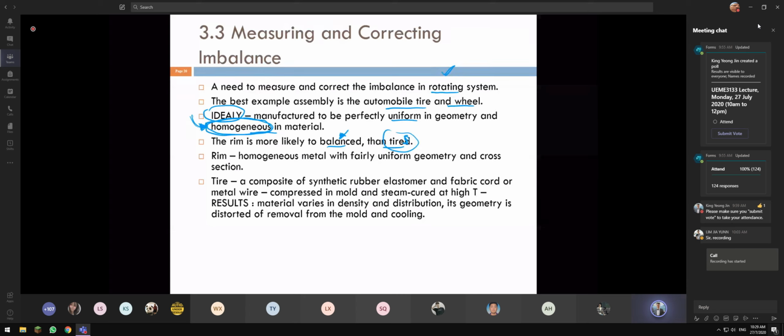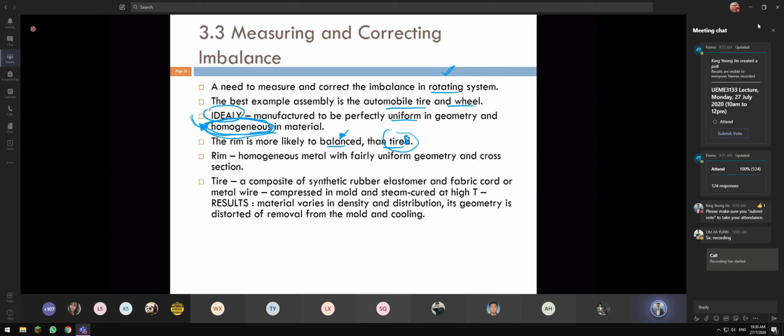If you have some old tires, you can try to cut one open. A bicycle tire is normally only rubber and fabric threads built into a net, because the pressure and force required for a bicycle tire is smaller compared to cars. In cars, you will have steel wires and so on in the system. How you distribute these threads and wires will affect the homogeneity of the material, and then your tires will not be perfectly balanced. That's why every time you change your tires, you must do balancing.